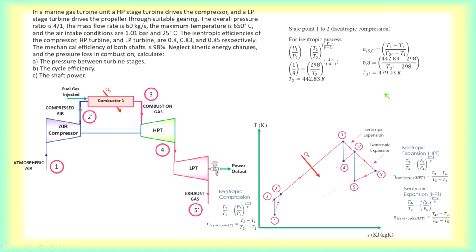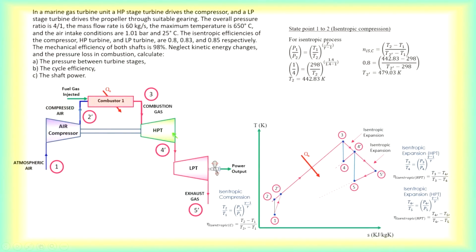Now we know that the work input of the compressor is Cpa times T2 prime minus T1, and it is equal to the work output of the high pressure turbine. So we can equate the work input of the compressor to the mechanical efficiency multiplied by the work of the high pressure turbine.